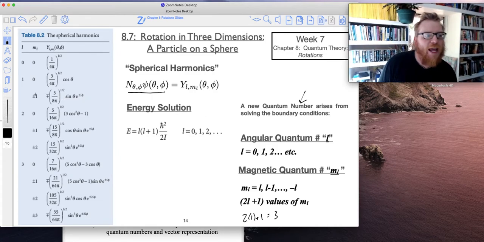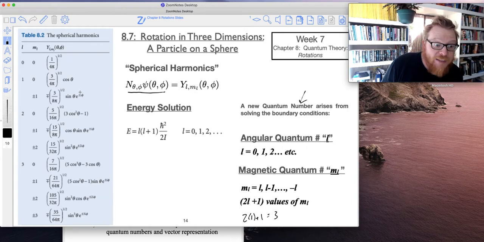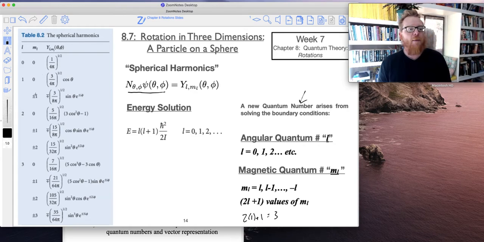So when M_L is plus 1, the notation of this is kind of weird, the function starts as negative square root of 3 over 8 pi, sine of theta, e to the positive i phi. When M_L is equal to -1, the function becomes positive square root of 3 over 8 pi, sine of theta, e to the negative i phi. Okay, so keep that in mind when you're noting these functions.